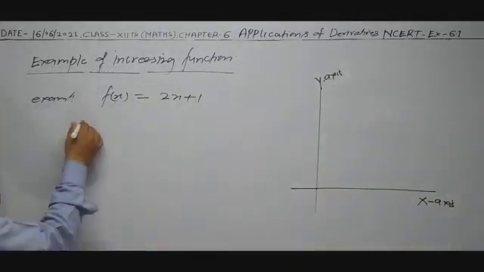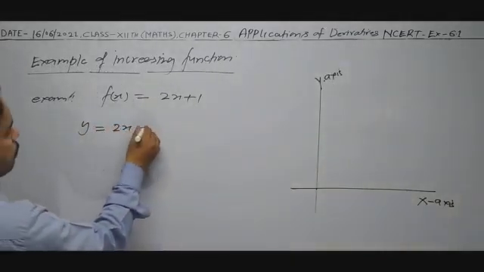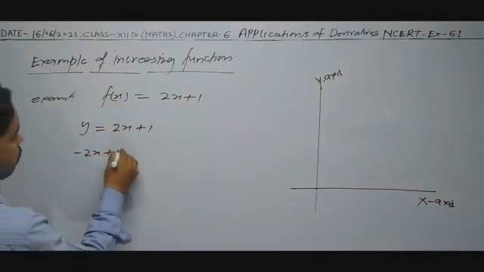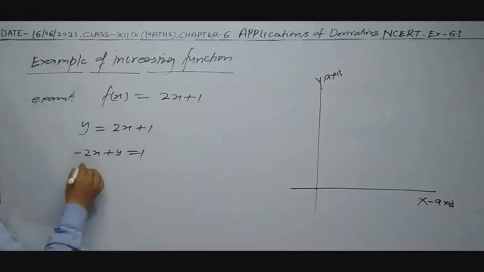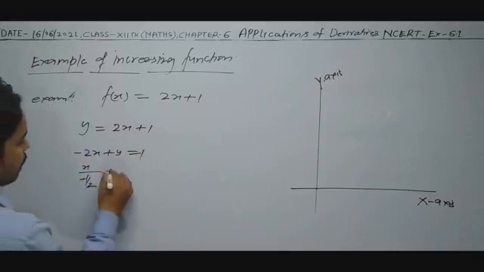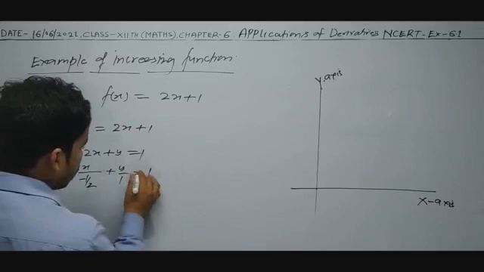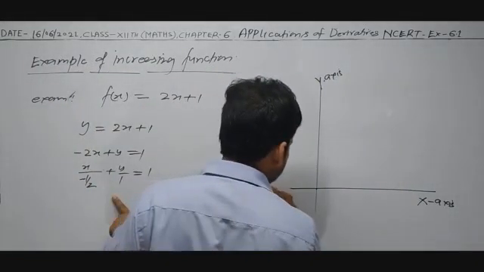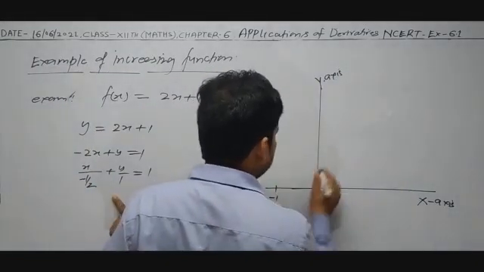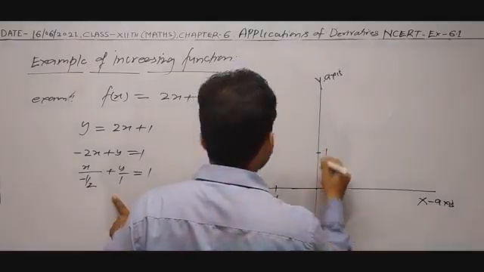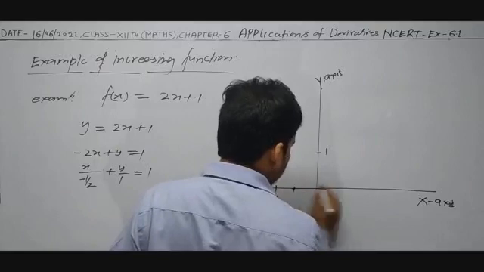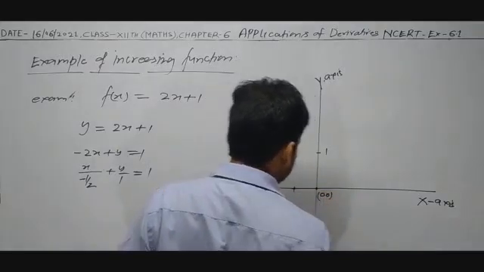So you can consider y is equal to 2x plus 1, and in intercept form you already know minus 2x plus y is equal to 1. This implies x upon minus 1 by 2 plus y upon 1 is equal to 1, and x intercept is minus 1 by 2 and y intercept is 1. Suppose this is minus 1, this is 1, and minus 1 by 2 lies between minus 1 and the origin.